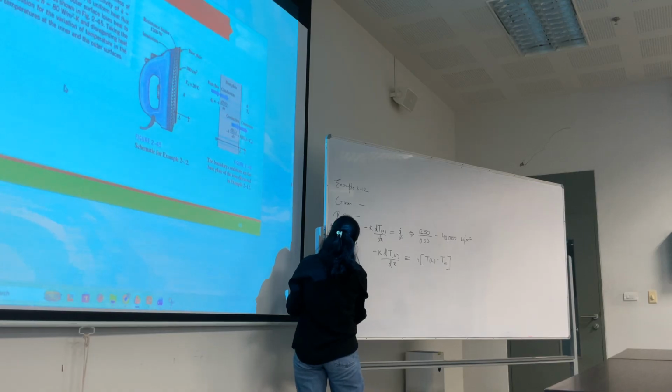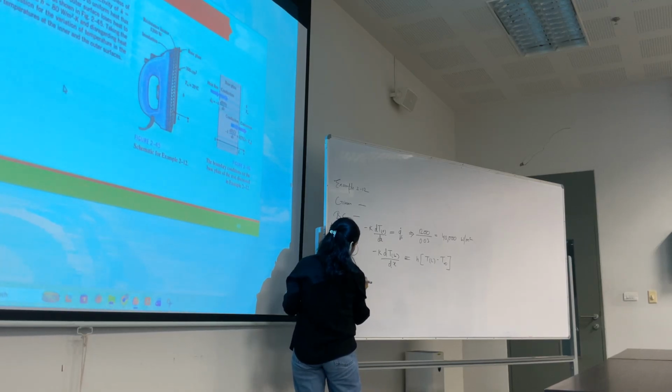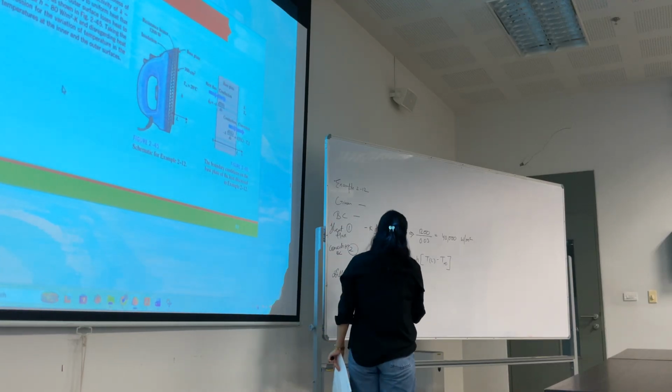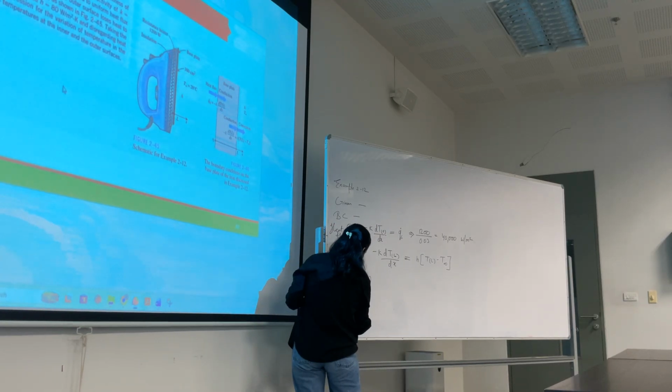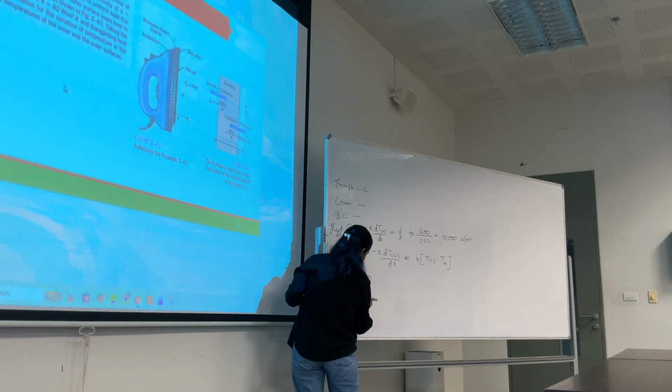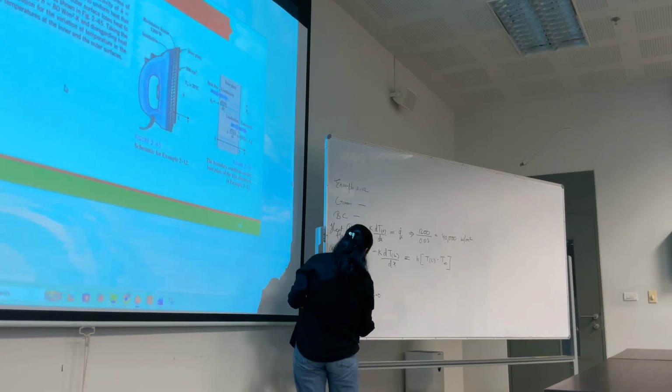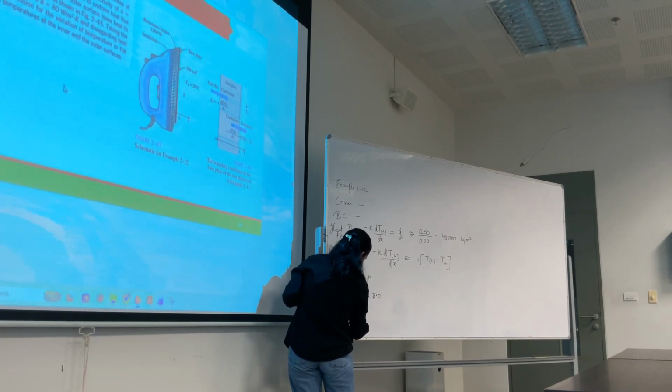Then we need a differential equation, the general differential equation. So it's a steady state. This question is steady state, which means temperature is not changing with time. Thermal conductivity is constant.